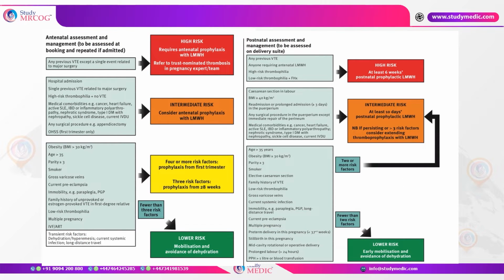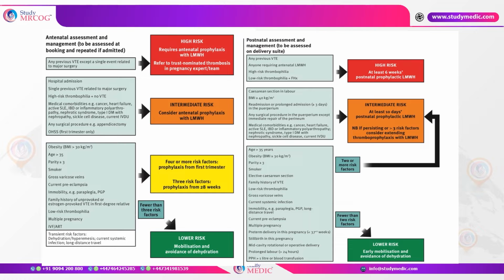Now this is another chart which is very important. In this chart they have given you all the factors in the antenatal period and the postpartum period. So this is another slide that needs to go to your study wall, and read the slide carefully so that you will know how you are going to calculate the risk and the score, and then decide whether you will start thromboprophylaxis or not.